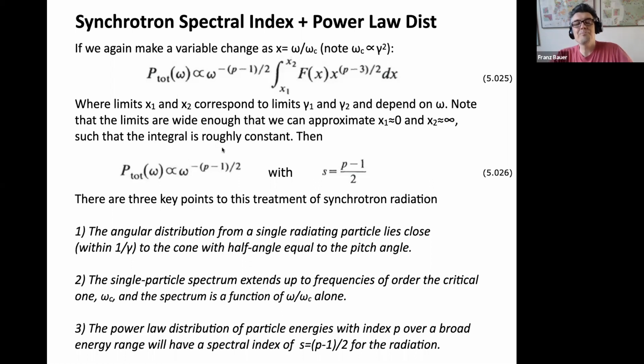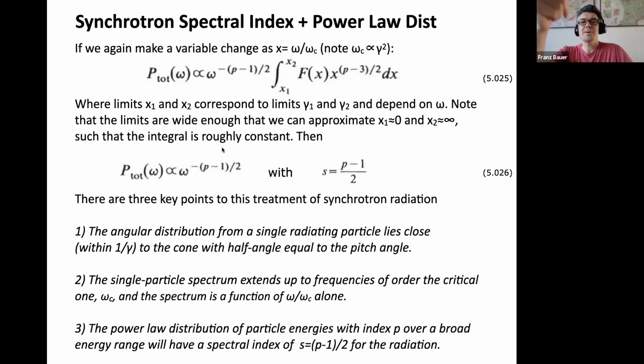So those are the basics of synchrotron radiation. And the idea behind presenting it in this way is to not get bogged down in the very gory math that we're about to embark on. So it is not pretty, the sort of functions you have to work with.